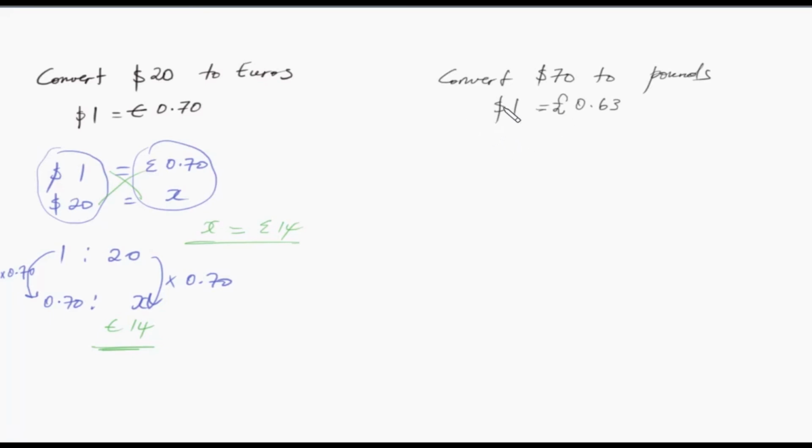Now you need to know this. Then you can now go for your solution once you know that and say, okay, I know that $1 is equal to this amount of pounds. So then $70 is equal to what?